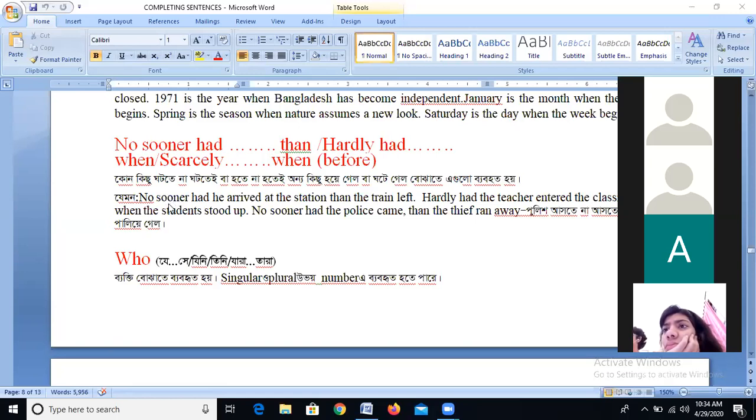As we use the comparative form of soon here, we connect the subordinate clause with than to show the comparison between these two actions. Here two actions happen. One is arriving at the station and the other is the train leaving. So two actions.